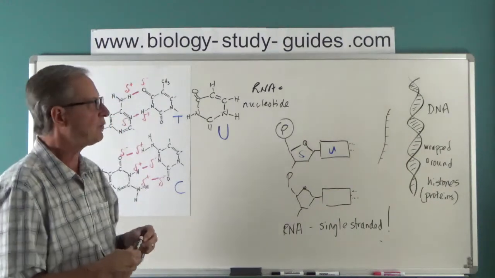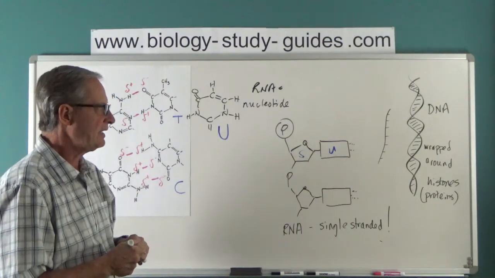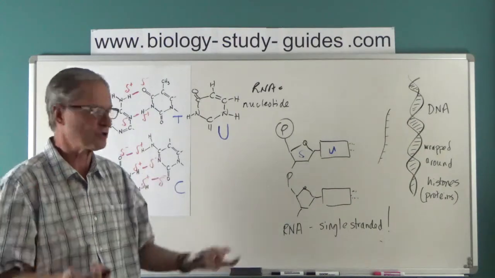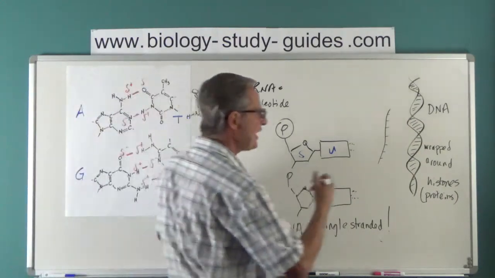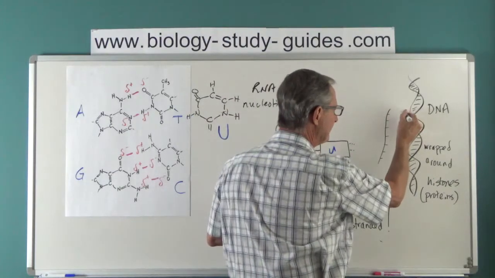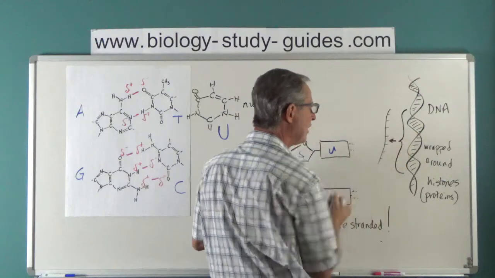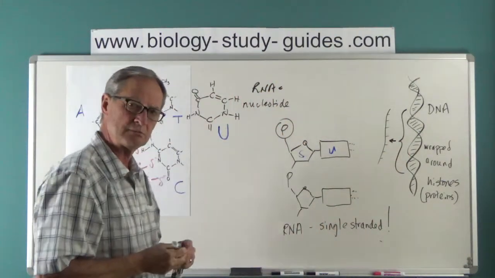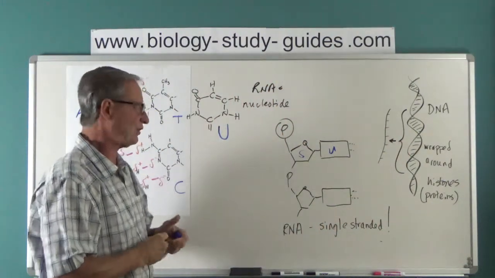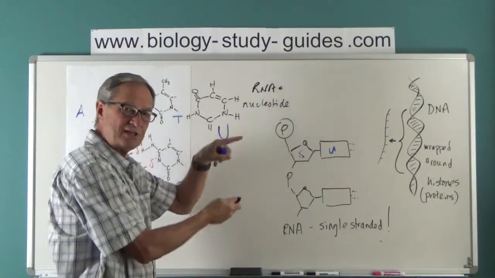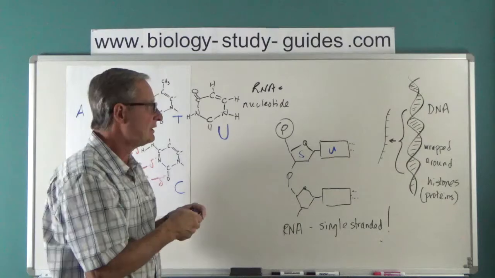Another thing I want to point out is that DNA is a lot larger than RNA. Not just because it's double-stranded, but a section of DNA actually makes RNA. So RNA molecules, although they are polymers, relative to DNA are very short.